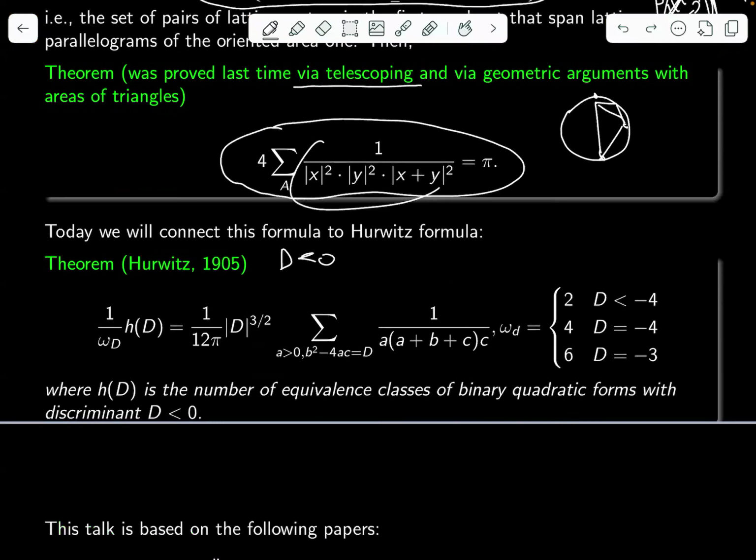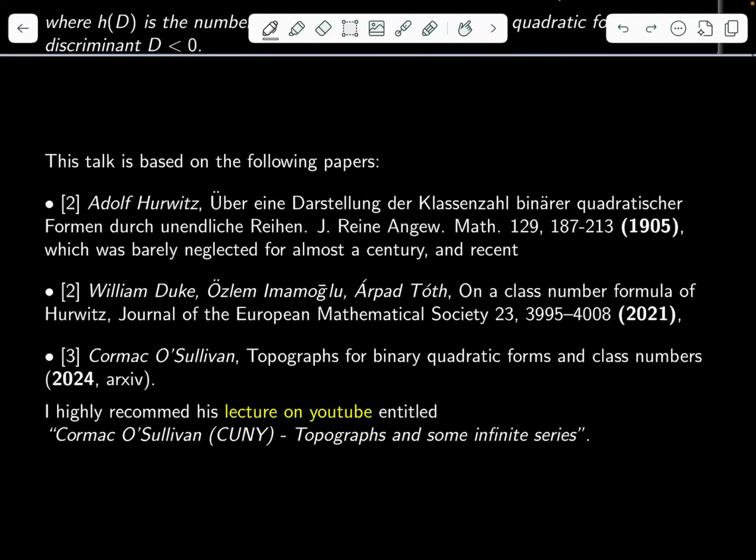Okay, so now, this talk is based on the following papers. The first paper is the Hurwitz paper, from 1905. That's about binary quadratic forms and about the class number. And then there are two recent papers.